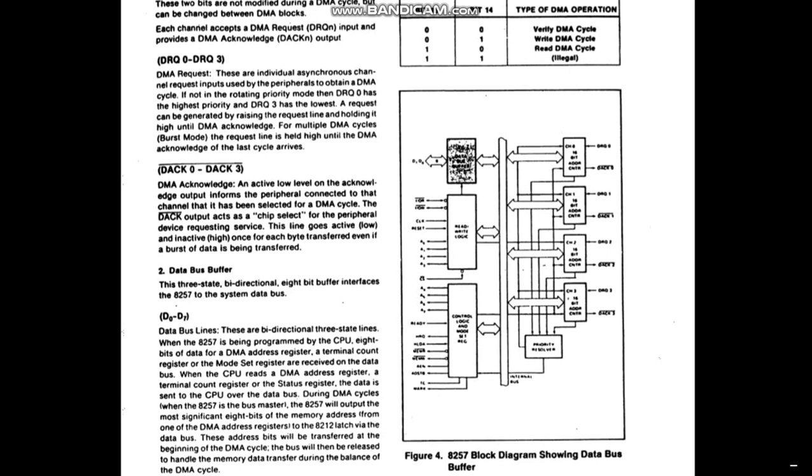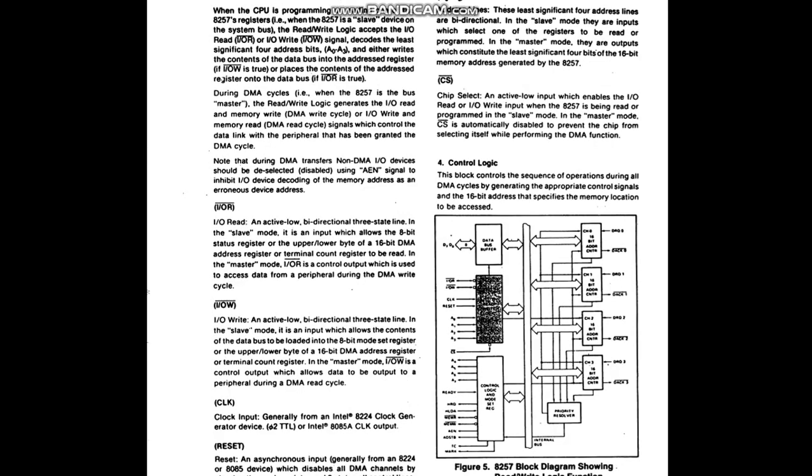For D0 to D7 you have to learn only 1 or 2 lines about all these pins. No need to attempt the entire paragraph. You just write that D0 to D7 is the data bus line, used to transfer the data. Next, IOR means input output read; when it goes low, it reads the data. Input output write is similar. Clock is the clock supplied by the microprocessor to every component.